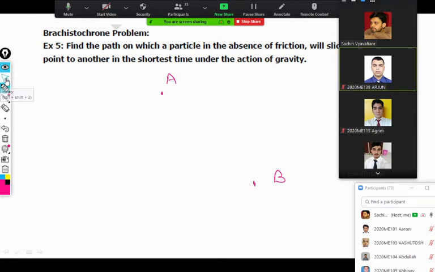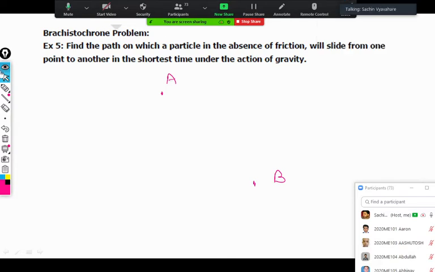We are interested in getting the curve along which, for example, suppose I take one of the curves as a straight line from A to B. Now we are going to keep one rolling object at the point A. What is the curve under gravity along which that rolling object will come from point A to point B in minimum time?